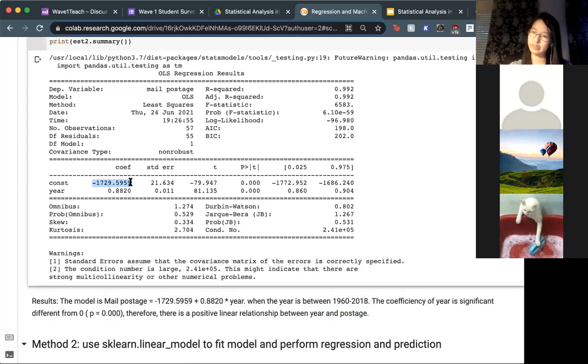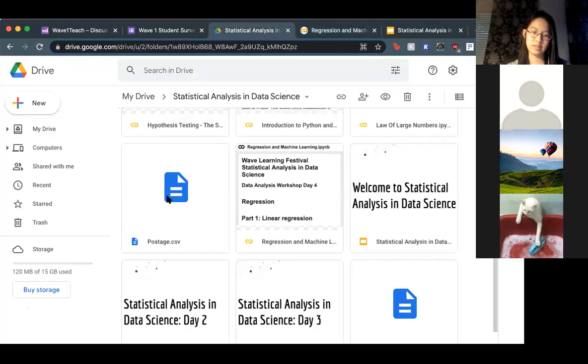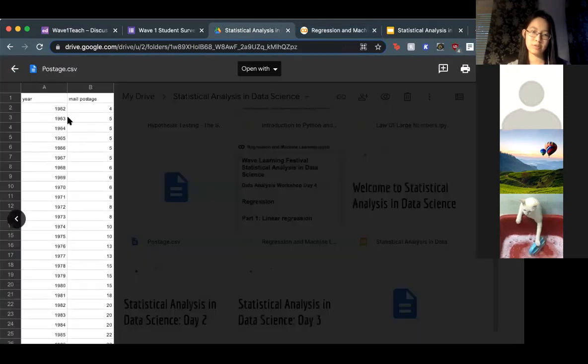But this is also what the data has limited us to. We don't really have data outside of that era, since we only have data from, I believe, 1960 to 2018, if I am correct. Yeah, it's roughly around this point.